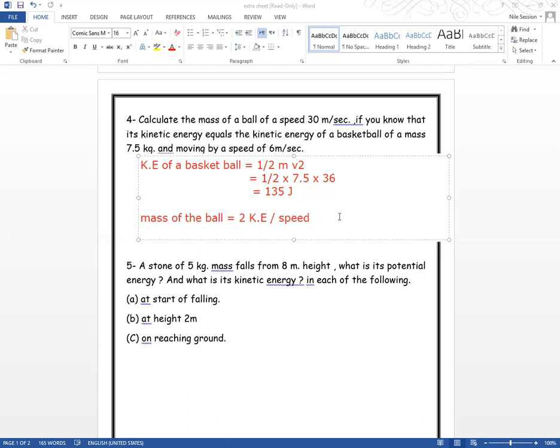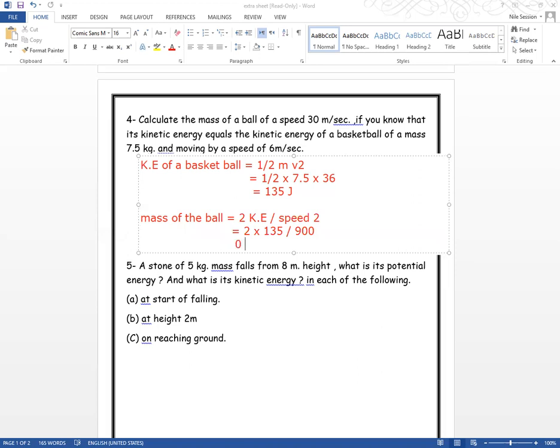So the mass of the pole equals 2 times 135 divided by speed to the power 2, 30 times 30, so divided by 900.